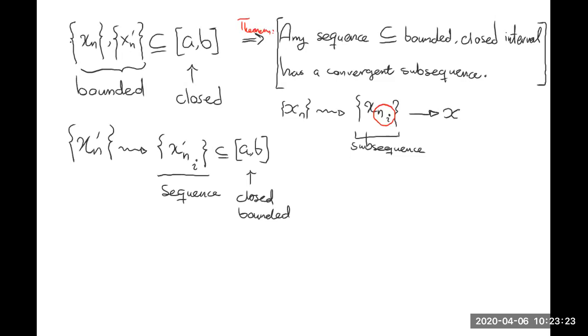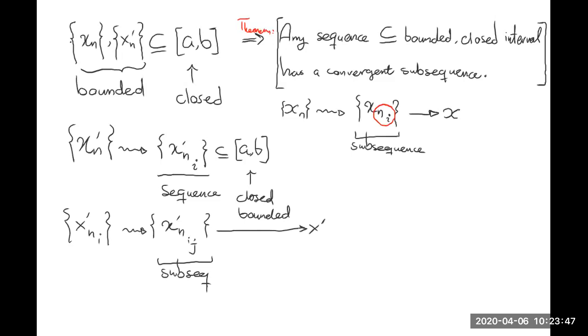So x'_{n_i} itself has a subsequence, let's call it x'_{n_{i_j}}, a subsequence which is convergent. Say it converges to x prime.